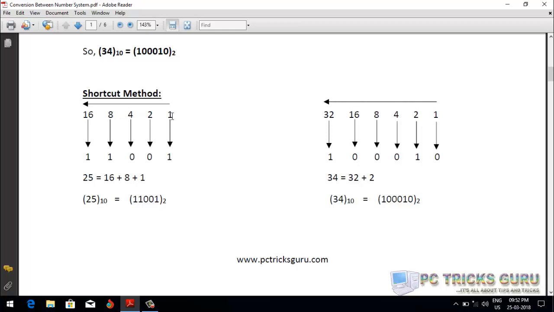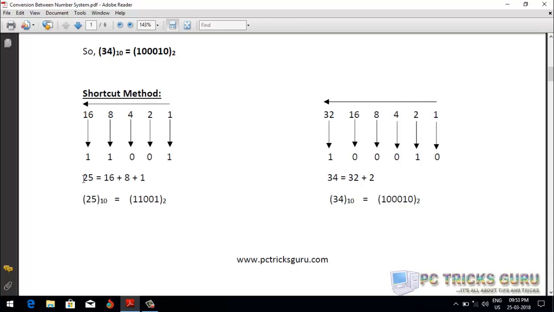So 1 multiplied by 2 gets 2, again 2 multiplied by 2 gets 4, then 8, then 16. So for 25, we need to sum up the numbers which we got in this series, and the sum should start from the higher number and go towards the lower number.